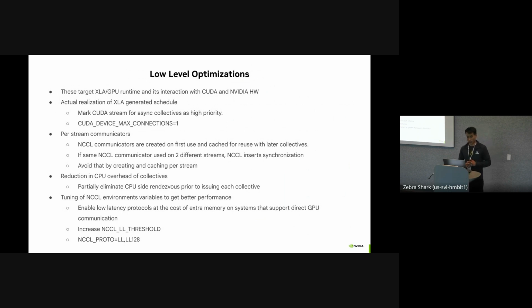And also, we have done tuning of NCCL environment variables to get the best performance. NCCL supports low latency algorithms, which are very efficient on systems with direct GPU communication. So these are the environment variables we use to enforce NCCL to use the low latency protocols.